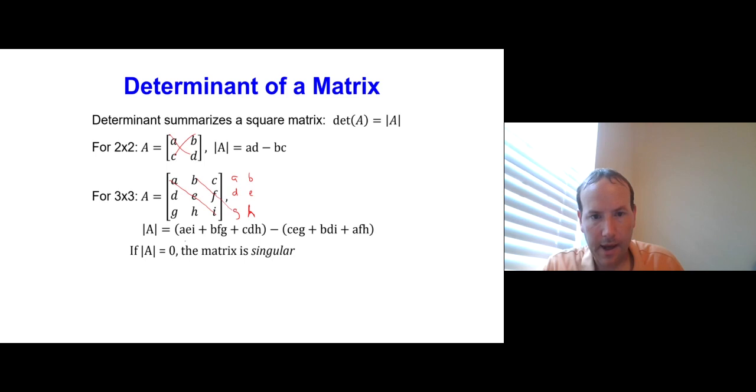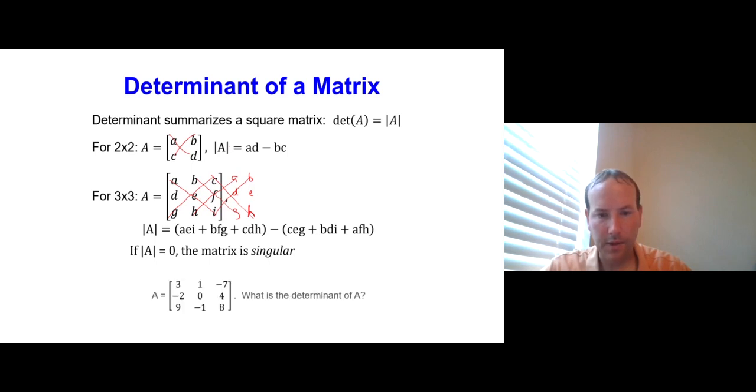So we've got AEI, that's right here, plus BFG, like the giant, and then CDH right here, minus these diagonals going in the other direction: minus CEG, minus AFH, minus BDI right here. So that's how you take the determinant of a 3 by 3 matrix.